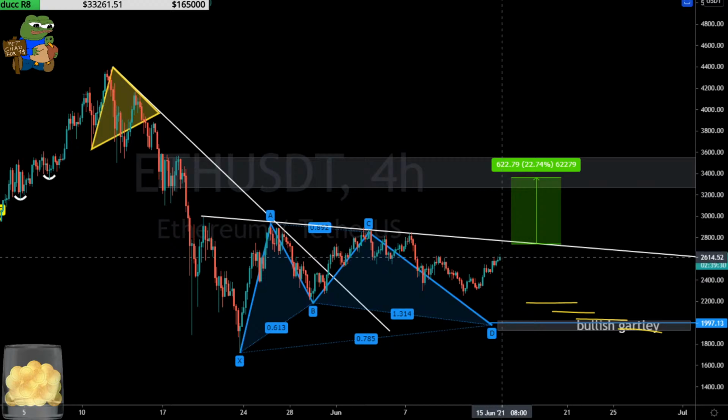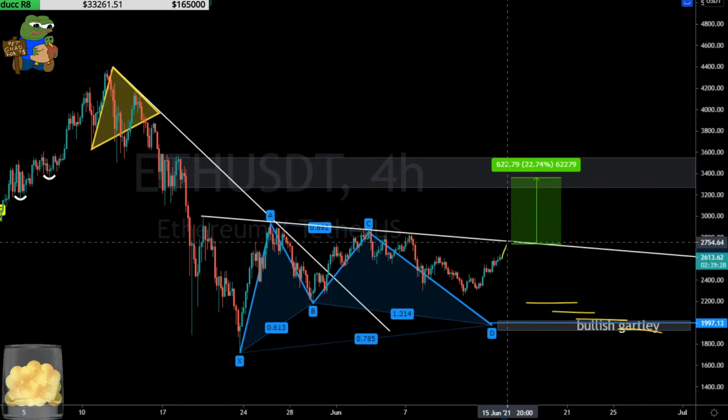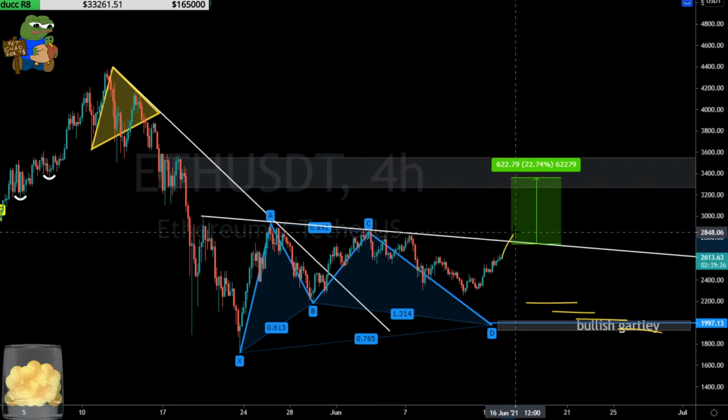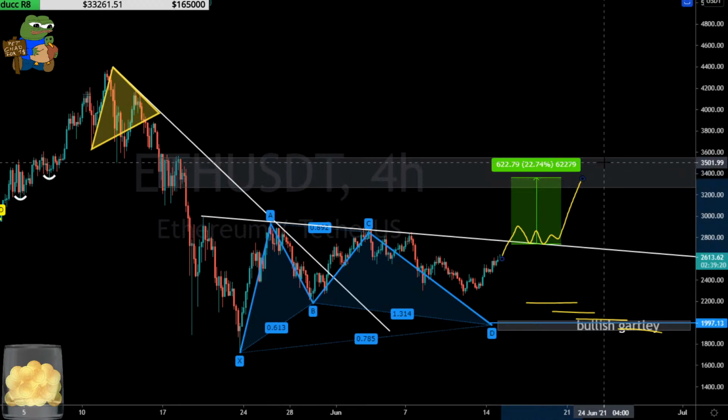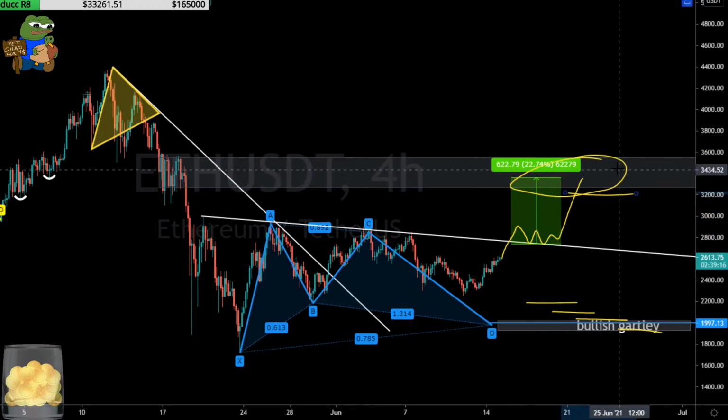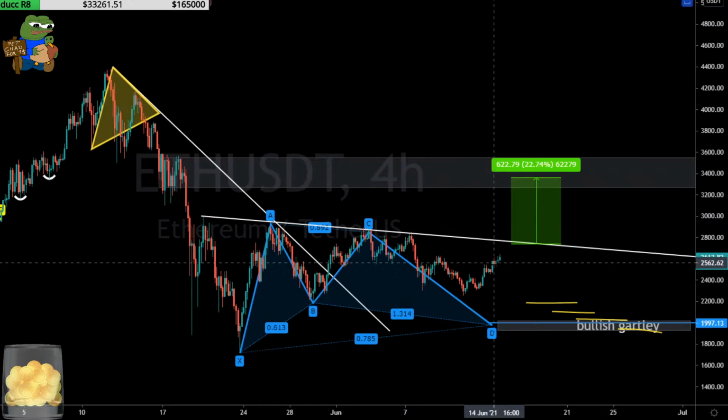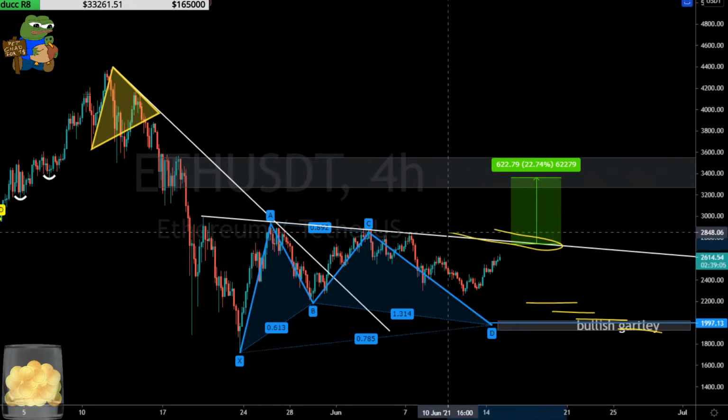But if you get to that 786 and you're like, nope, this wasn't a cipher, you would break out, you would backtest, right? And then you would end up in the top of this golden zone between 3,200 and 3,500. So again, critical area here on this downsloping trend line.